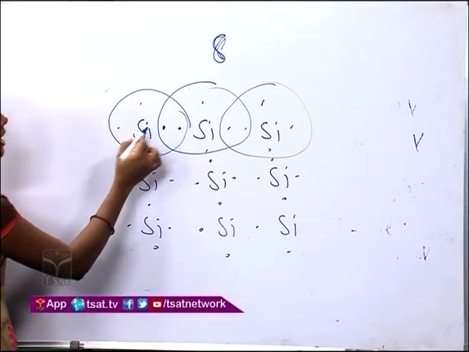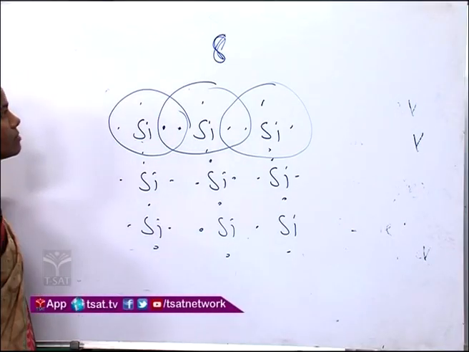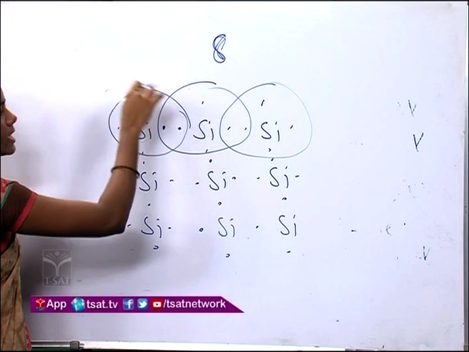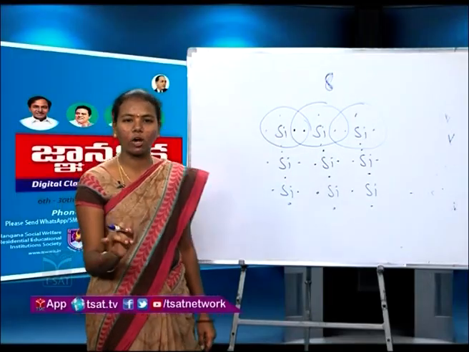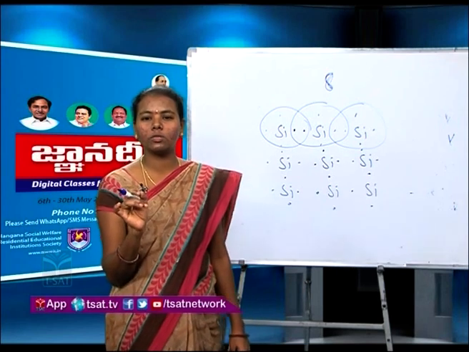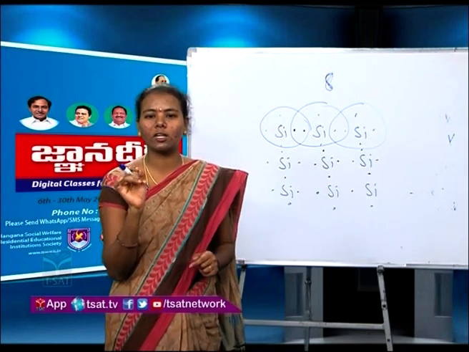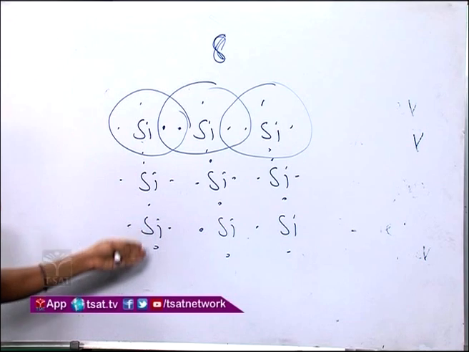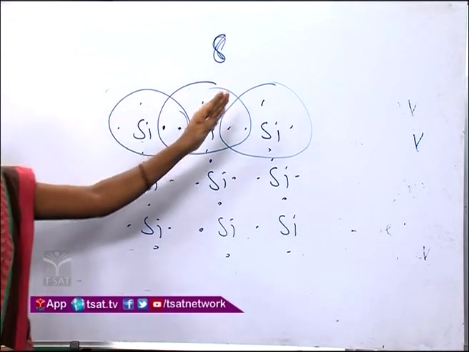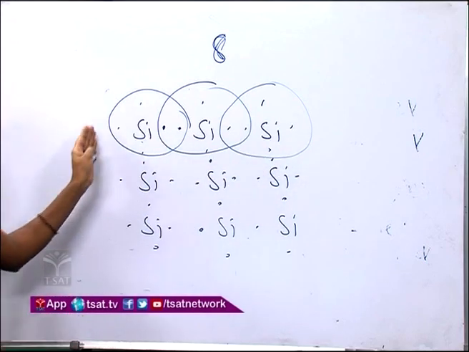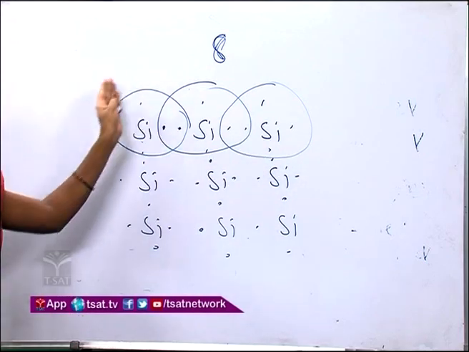So each atom shares electrons with the adjacent atoms, forms 8 electrons, and is stable. The pure solid state silicon crystal will be like this, sharing the valence electrons with the other adjacent silicon atoms to form a stable structure.